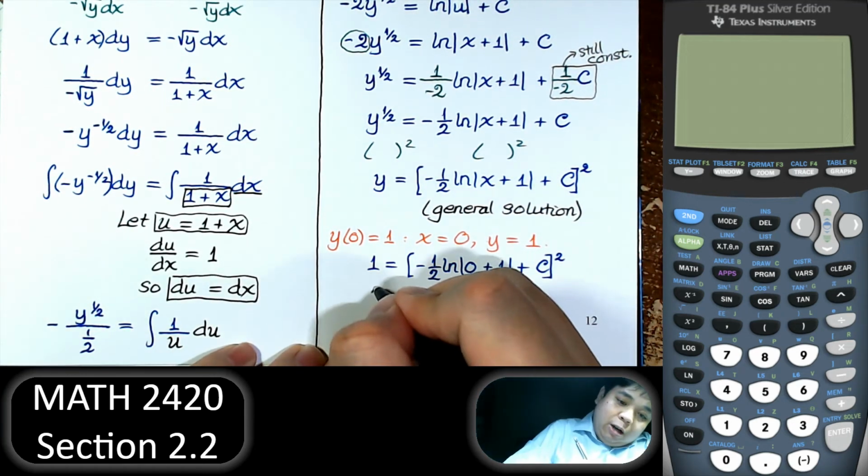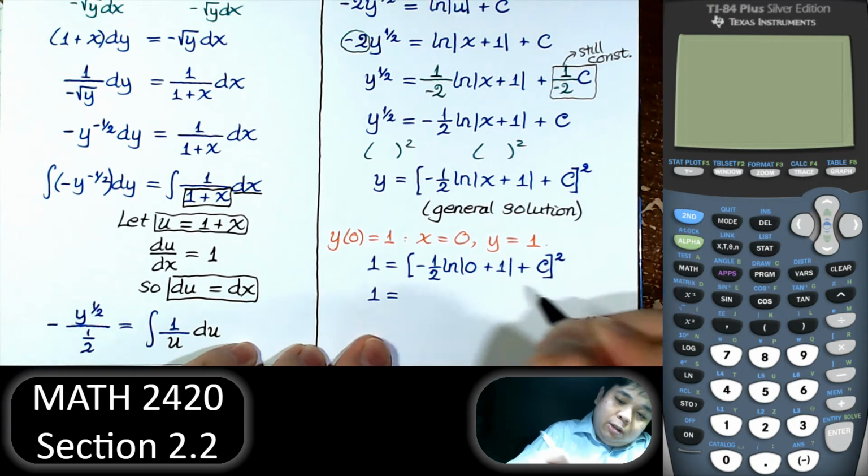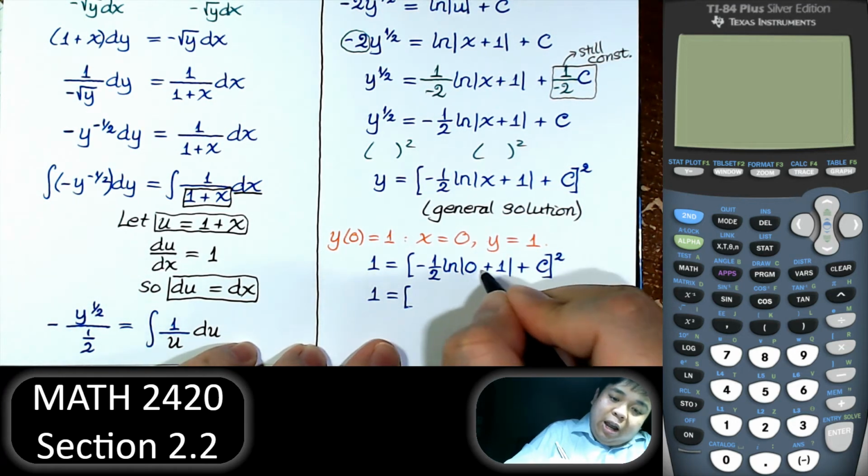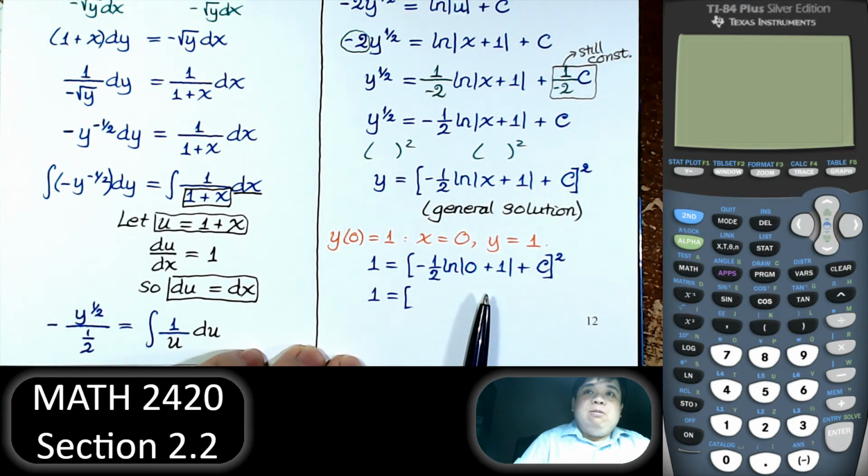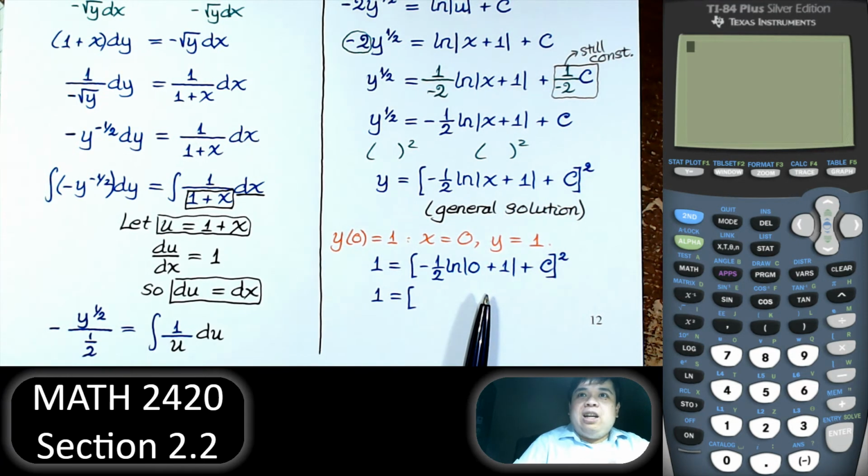So we have 1 equal to ln of 1. Yeah, we have a calculator there for too long, but usually I just leave it there so we kind of fill out the screen. Yeah, ln of 1 is 0.